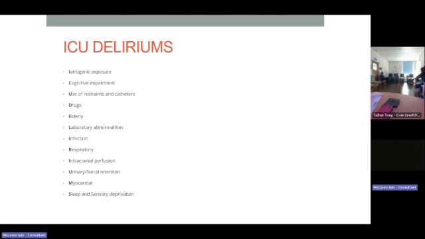Intracranial perfusion: anything affecting intracranial perfusion, be that hypotension, brain injury, brain infection, or stroke, will all be deliriogenic. Urinary retention, so blocked catheters, and fecal impaction are potent, as is myocardial dysfunction. And also sleep and sensory deprivation.